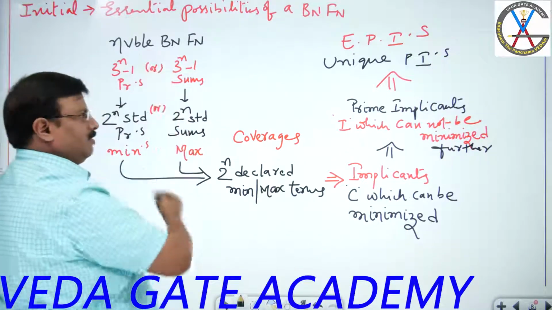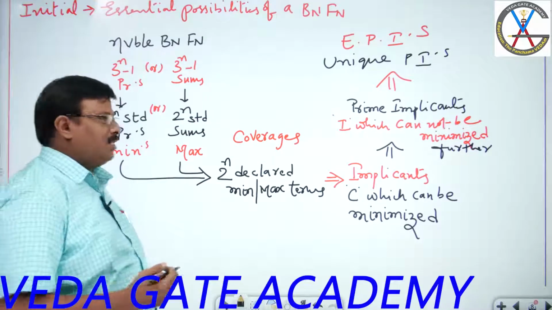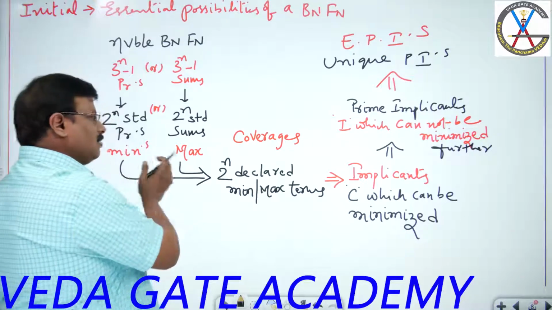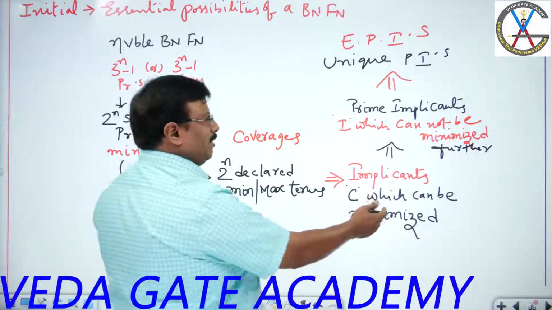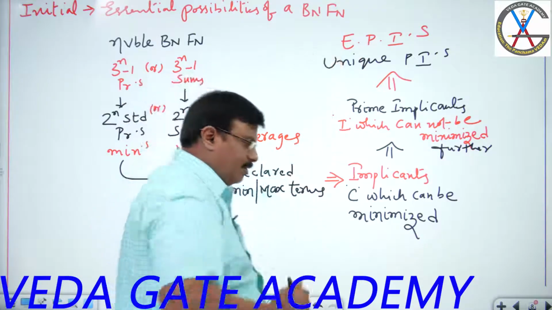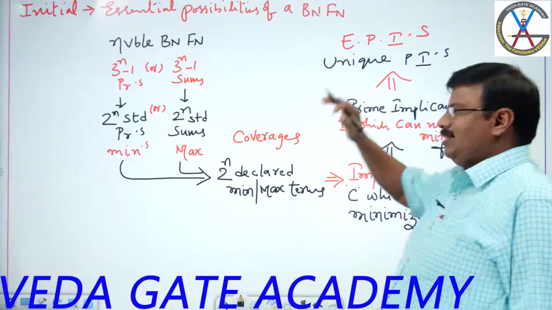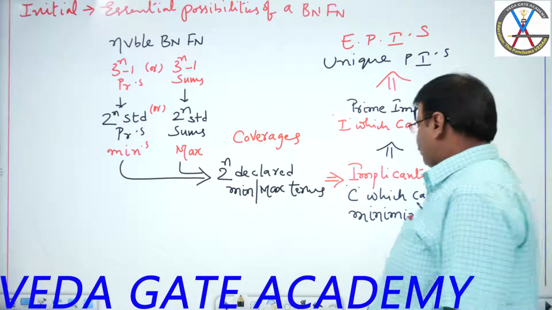Hope you're clear with this sequence. Very first it starts with 3 power n minus 1 products or sums, then min terms and max terms, then declared coverages, and then implicants, prime implicants, essential prime implicants. Let me explain this topic in a detailed way with the best examples taken one by one.